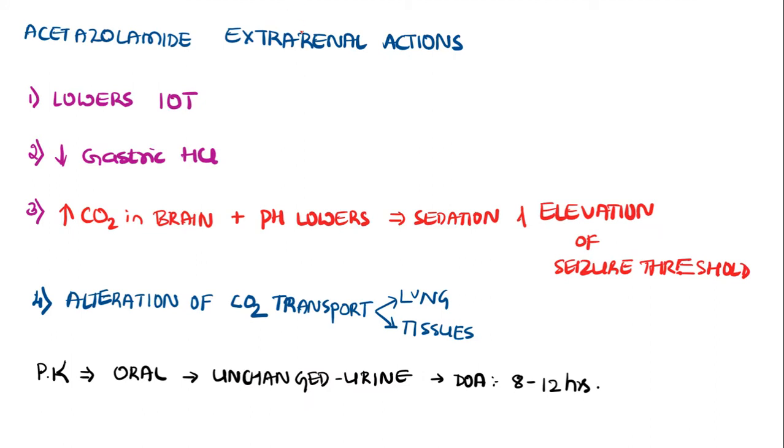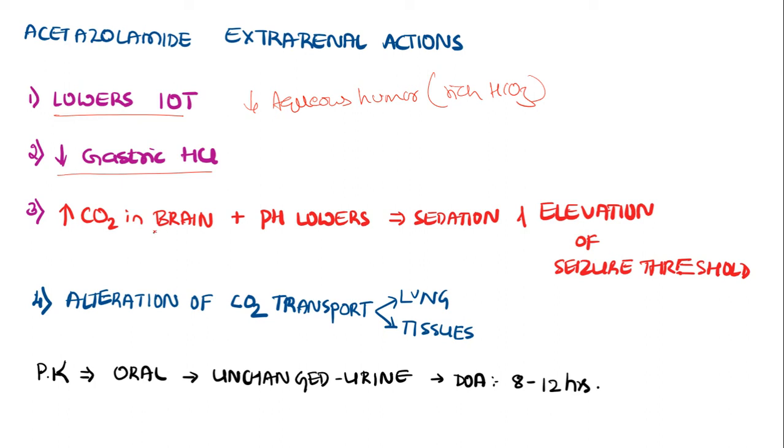Coming to the extrarenal actions, it helps in lowering the intraocular tension due to decreased aqueous humor formation, because aqueous humor is rich in bicarbonate. It also reduces gastric HCl as well as pancreatic bicarbonate; these are seen at very high doses.